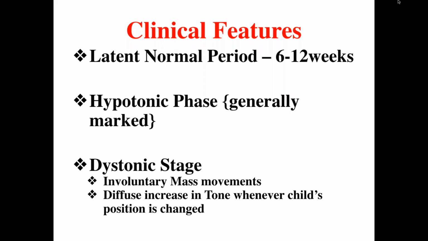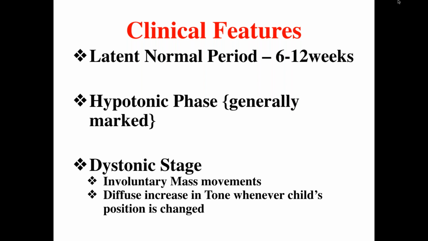Now we all understand that dystonia is characterized by two things: a variable tone and abnormal postures. So in the dystonic stage, the baby would seem to have global involvement of the whole body, manifesting as involuntary mass movements. The baby would go into opisthotonic posturing and scissoring intermittently.